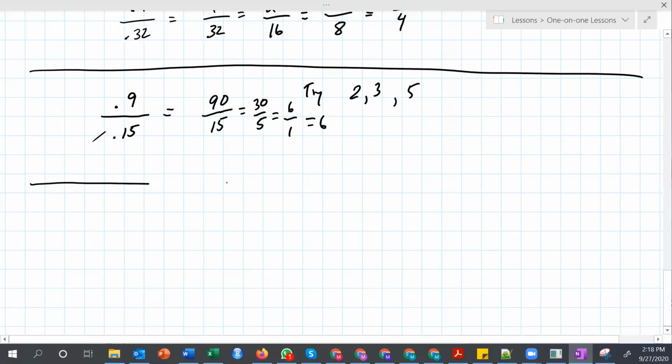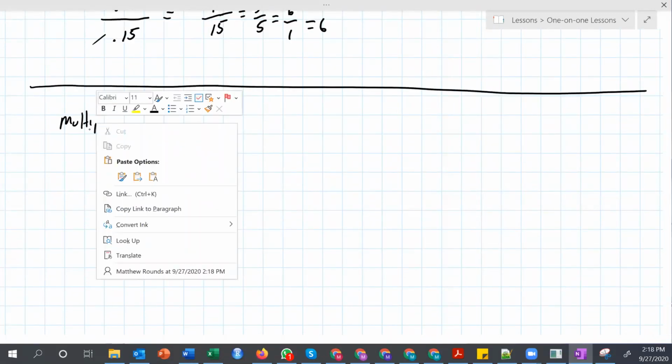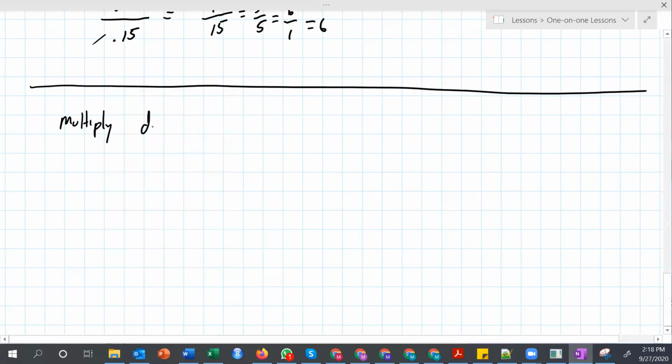All right. We're going to multiply decimals now, unless you have, well, maybe I ought to wait for your dad's email to come in, but do you have an example of a multiply decimal problem that you did? Multiplication decimal problem. Yes.